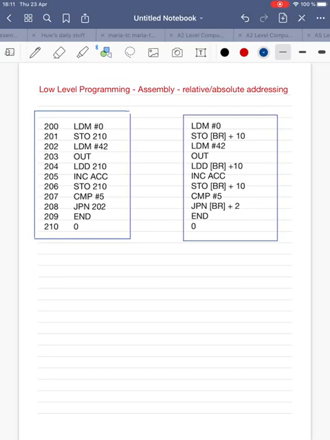Okay, we're going to look at low-level programming, assembly language, and how we use relative and absolute addressing in this programming language. Okay, so basically, what you've got to think about is the fact that when you run a program, it is loaded into memory in order to be run.